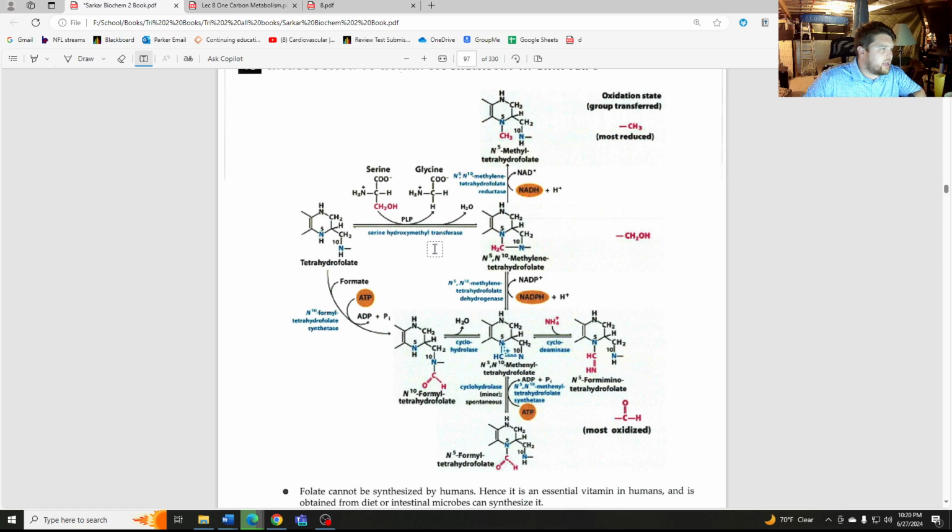So this is where we get into this big chart, which shows us the pathway of all of this. We have tetrahydrofolate being our active form, and we have a bunch of enzymes going all over the place.